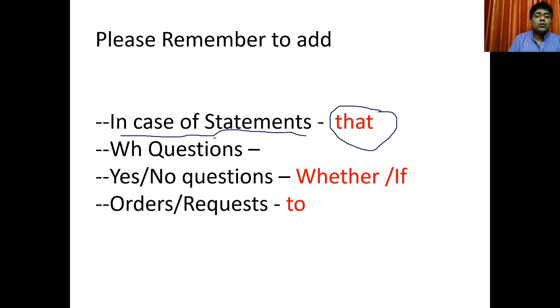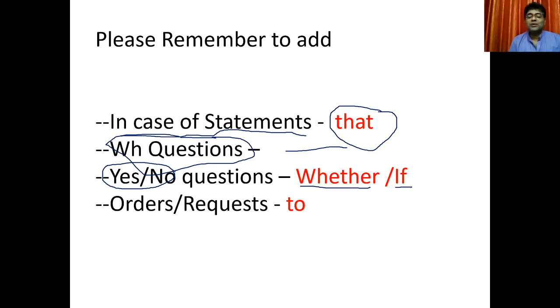Second, if you are going to change a WH question, you have nothing to add there. Please remember, you have nothing to add. Then if you are changing a yes or no type of question, you need to use either whether or if, not both. Anyone, whichever you are comfortable with. You could use if, you could use whether. Sometimes people say suppose if.